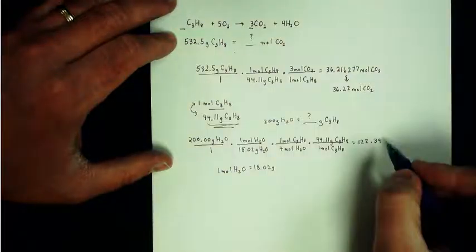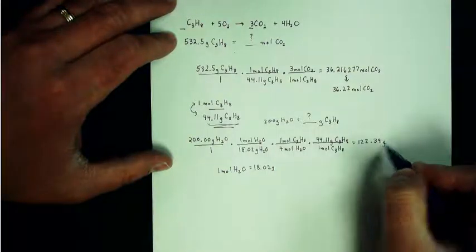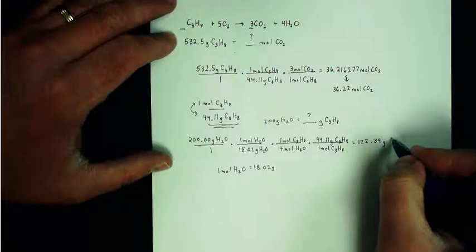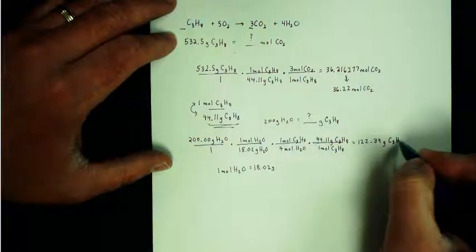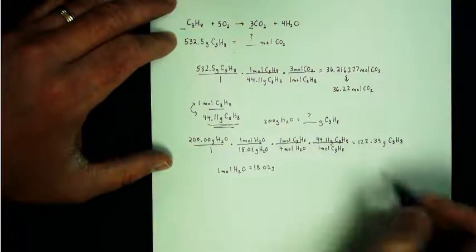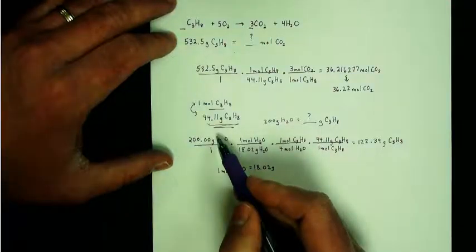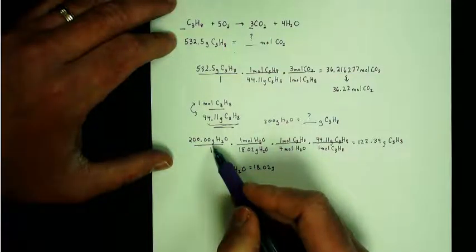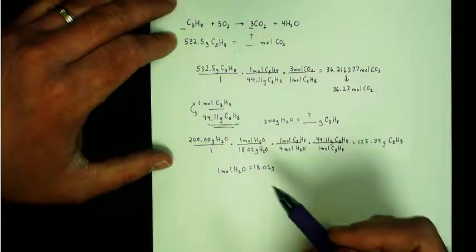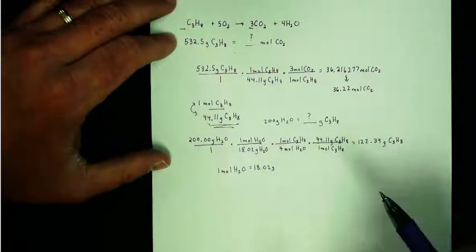That's going to be 122.39 grams of propane, which I'm going to have to burn and then collect every single water molecule to make my 200 grams of water, which of course would be very difficult.